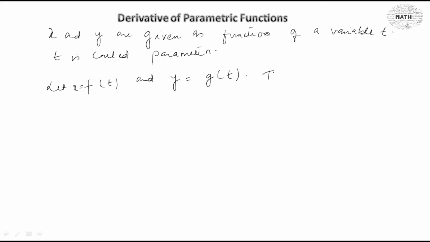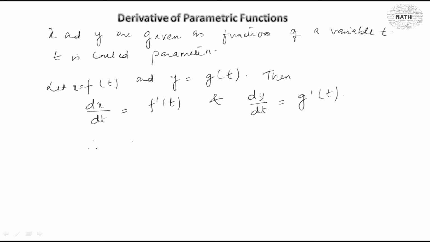Then dx by dt is f dash t, that's the first order differentiation, and similarly dy by dt will be g dash t, that's the first order differentiation of g of t.